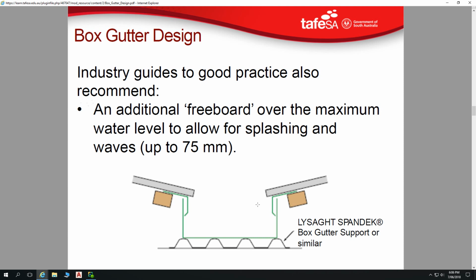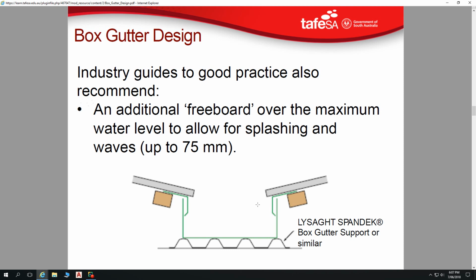Industry guides to good practice also recommend an additional freeboard over the maximum water level to allow for splashing of waves, up to 75 millimetres. So that's a fair bit. It's a lot, and I dare say that's one of the things that gets cut down a lot when people are trying to squeeze box gutters in.